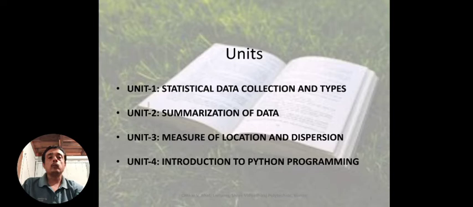And unit 4, introduction to Python programming. You can say these are 4 different chapters. Unit 1 means chapter 1, unit 2 chapter 2, unit 3 chapter 3. Similarly unit 4 means chapter 4.